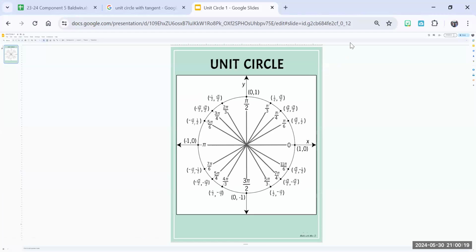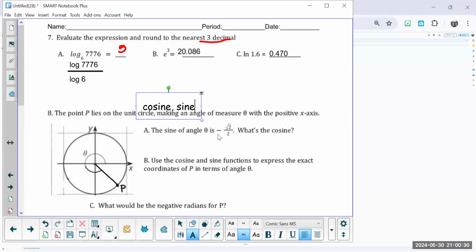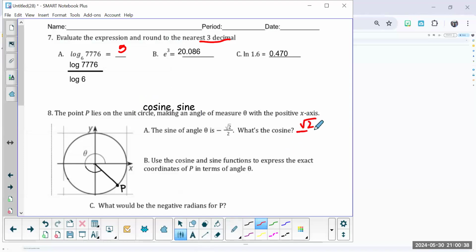So we're going to go back to our screen. And so the cosine of this one is going to be the square root of 2 over 2. And this is not going to look pretty, but the square root of 2 over 2. All right, so then when we go to write the actual coordinates of P, remember we're going to write it as cosine and then sine.